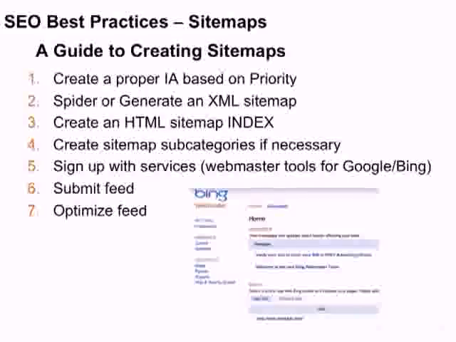You might have multiple HTML sitemaps if you have a large site. You might only do 1 to 400 links on that first sitemap and then have some sub-sitemap pages. So you're going to create those sitemap subcategories where necessary. Now you can sign up with Webmaster Tools. Bing also has Webmaster Tools that you can submit to. You're going to submit that feed and then you're going to optimize that feed after it's created.